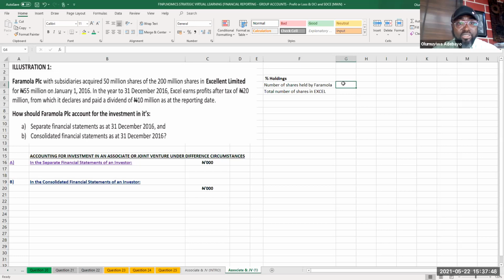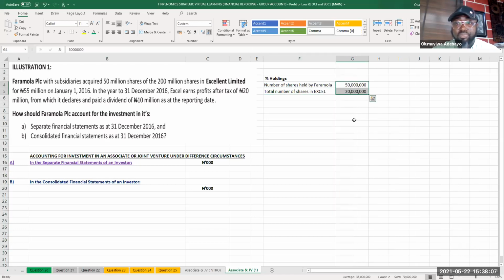Okay, the total number of shares acquired is 50 million, and the total number of shares in all is 200 million. Therefore, what is the percentage?